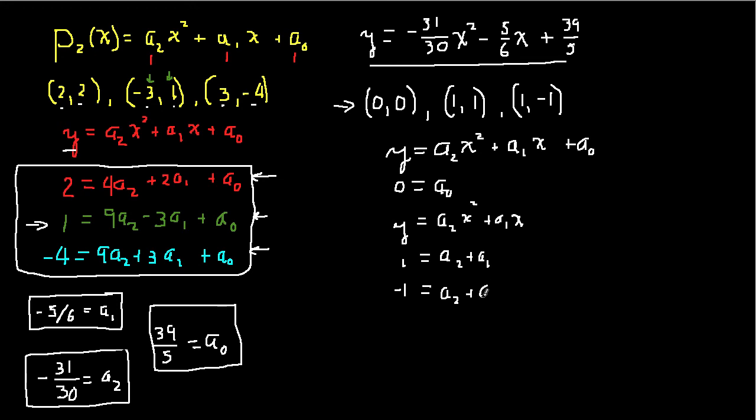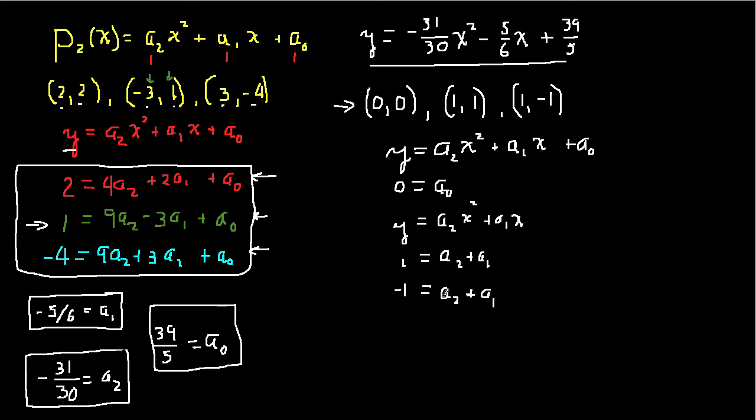Let me rewrite that, that should be A1 there. So this second one says A2 plus A1 is equal to negative 1.